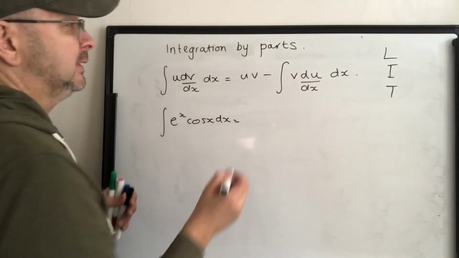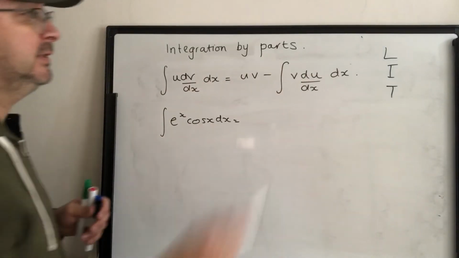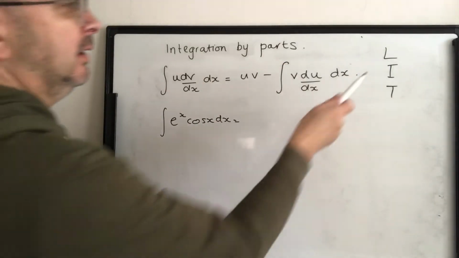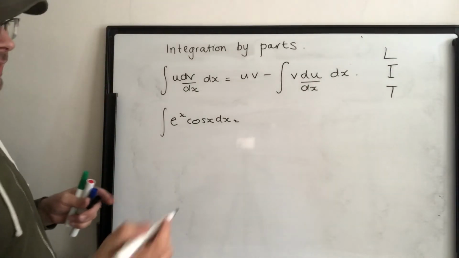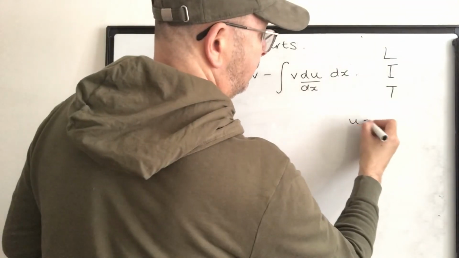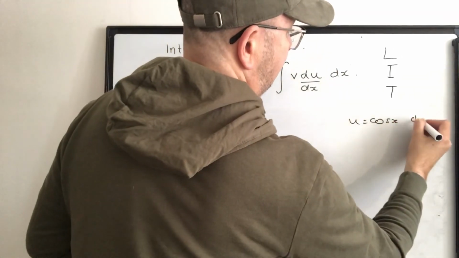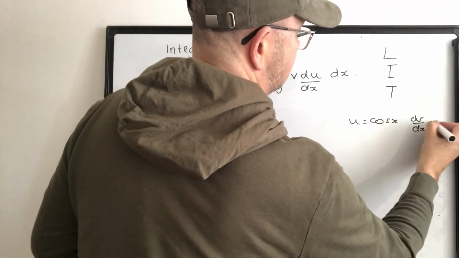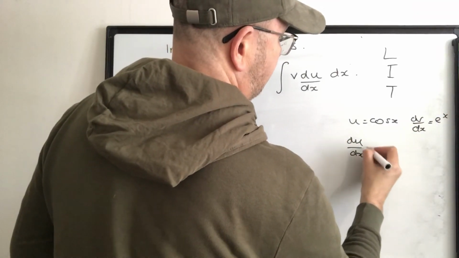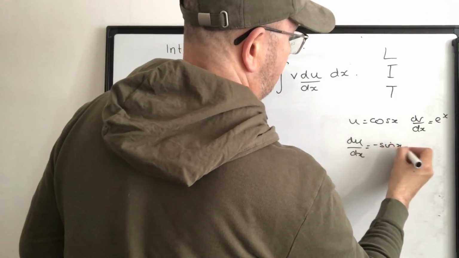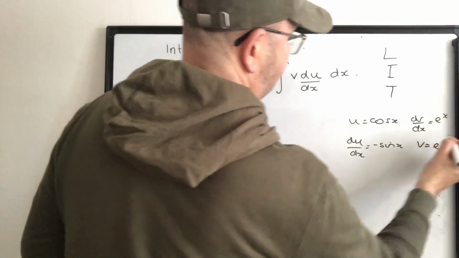So this time we don't have a natural log. We don't have any index of x, like x squared or x cubed. We have trigonometry. So that's what I'm going to take as my u. So our du dx is minus sine of x, and our v is e to the x.